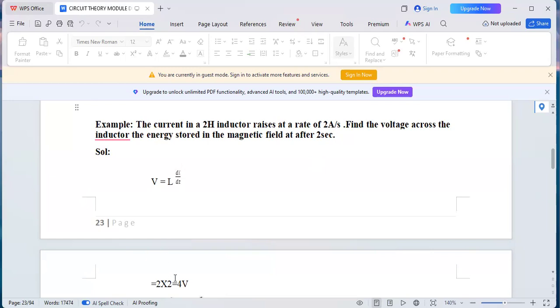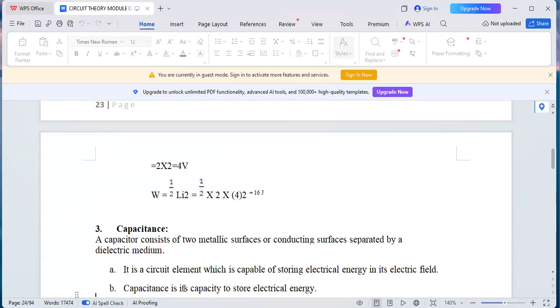And we calculated for the V, we got 4 volts, right? And I is directly proportional to V. So in this formula, the voltage we calculated for, and then the inductance we were given. Because I is proportional to V, we'll have 4 exponent 2, which will give us 16 joules.